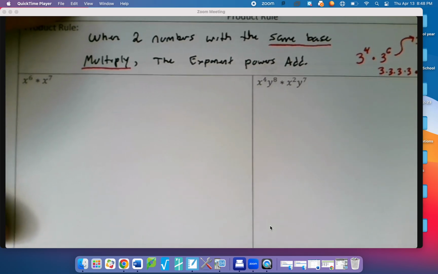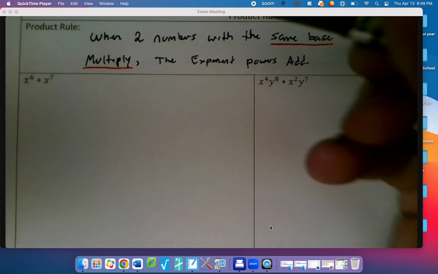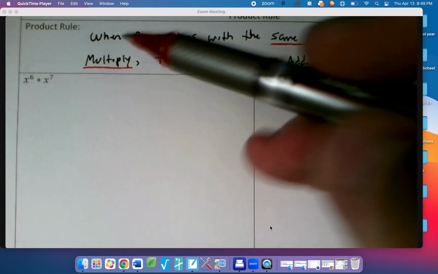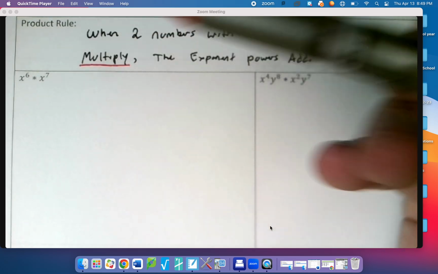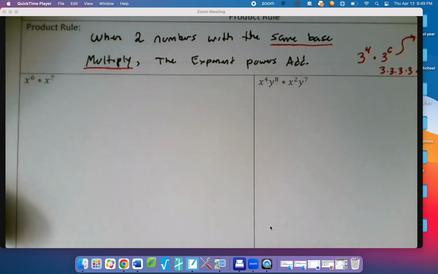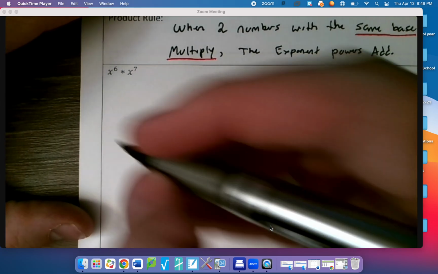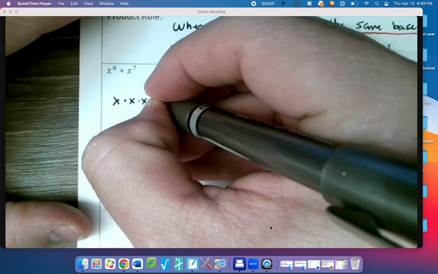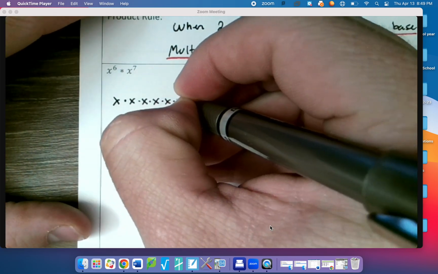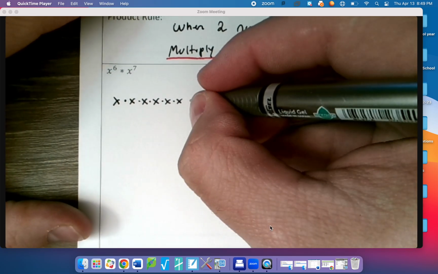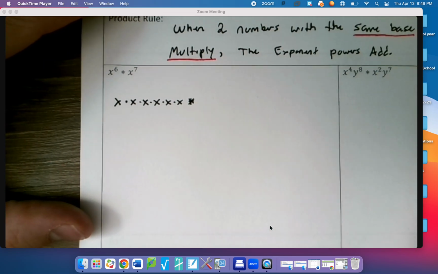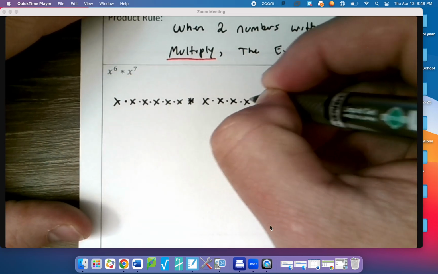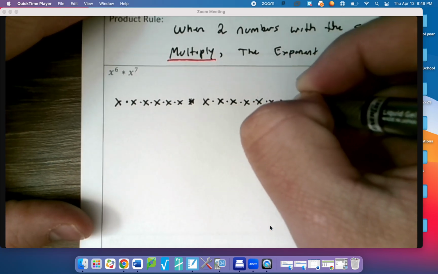So in every single one of these problems, what you're going to see is that every big letter is multiplying. That's what these little asterisks represent on the page. So in this first problem, x to the 6th times x to the 7th, really we have x times x times x times x times x times x, and it's multiplying, so I'm going to use a little asterisk right there, x times x times x times x times x times x times x.